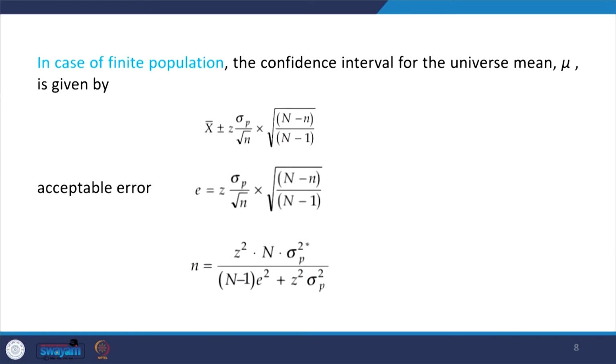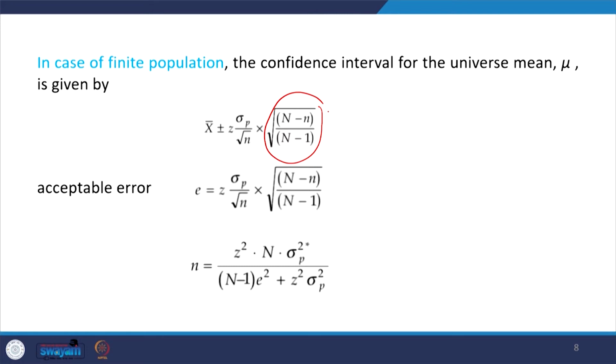We said it is for when the population size capital N is not known, from the sample mean we have calculated. But when we have a finite population, we know that this is our finite population. In that case, we are supposed to multiply with this portion.